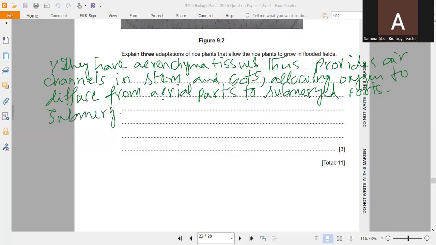Submerged roots rely on alcoholic fermentation.